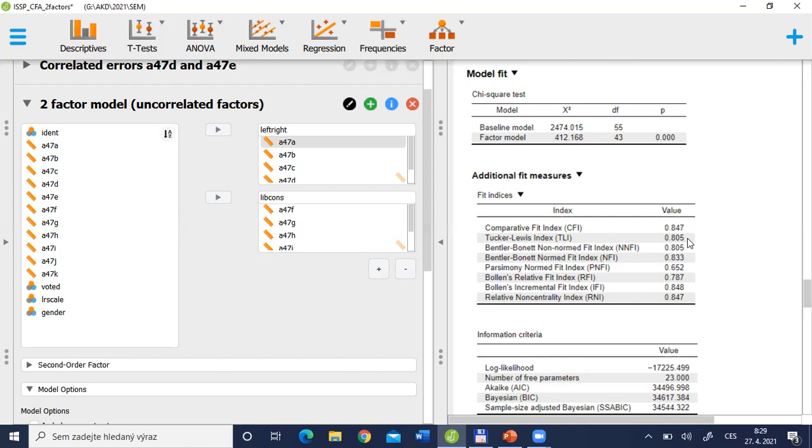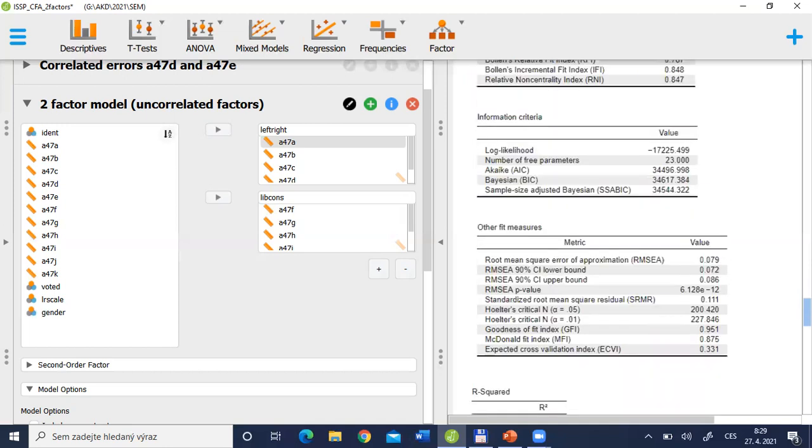Okay, and now currently CFI and TLI are below these thresholds. So maybe there could be some problem in my model, I would say. Okay, let's go further and read the rest of the results. RMSEA, once again, recommended threshold 0.08 to be below.